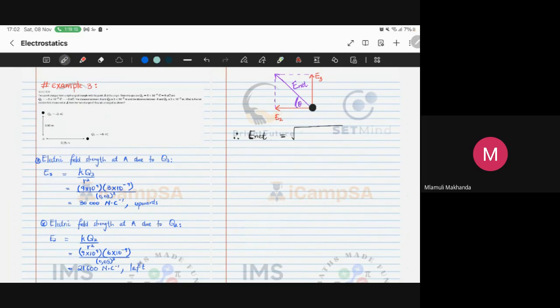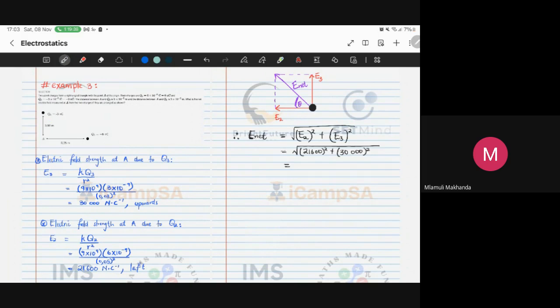The net field will be the square root of E2 squared plus E3 squared, which is 21,600 squared plus 30,000 squared.